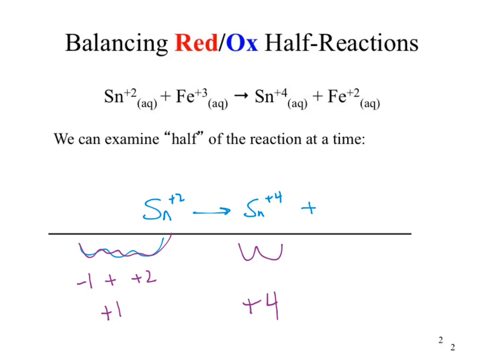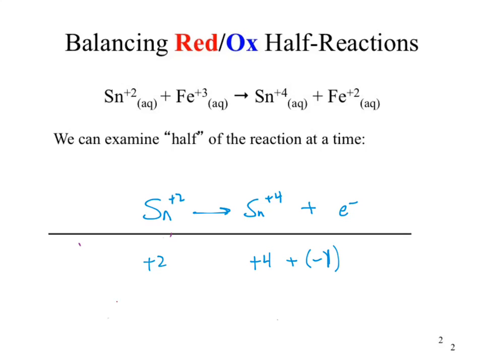So check it. What happens when we put an electron now on the other side? What's the charge on our reactant? Plus 2. What's the charge on our product side? Plus 4 plus a minus 1. Well, that's a 1. What do we get? Plus 3. Am I getting closer to plus 2 or further? Closer. What was the whole goal?